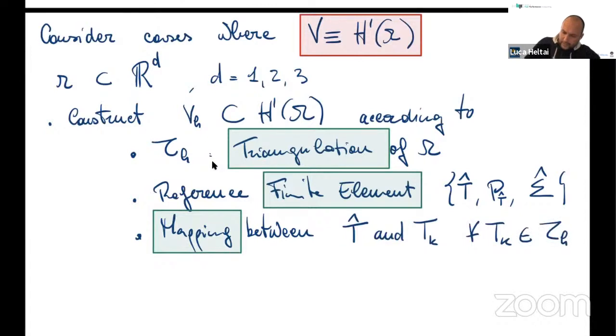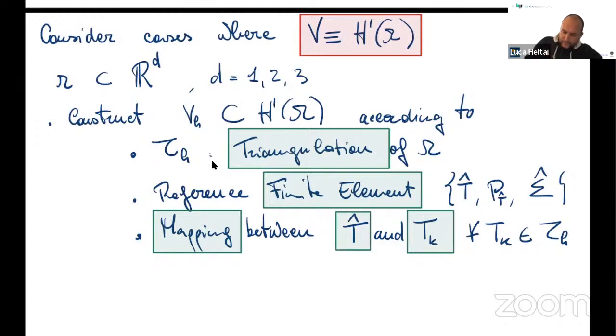Now, of course, also this needs to be implemented in the library. So you need to have access to elements TK of the library. You have to have access to mapping that transform the reference elements to these standard cells in the triangulation.